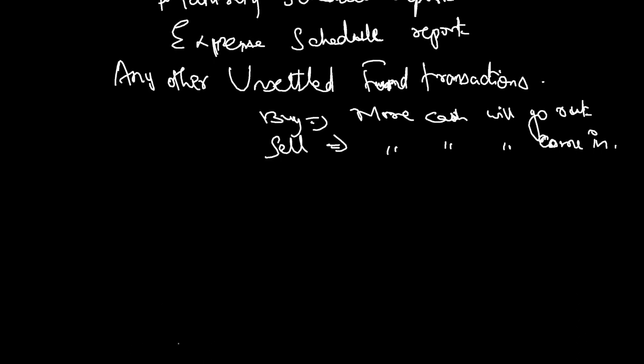Run all these reports and bring the required changes in the accounting system so that it reflects the actual balance amount kept with the custodian. Reconcile if there are any further discrepancies and update.